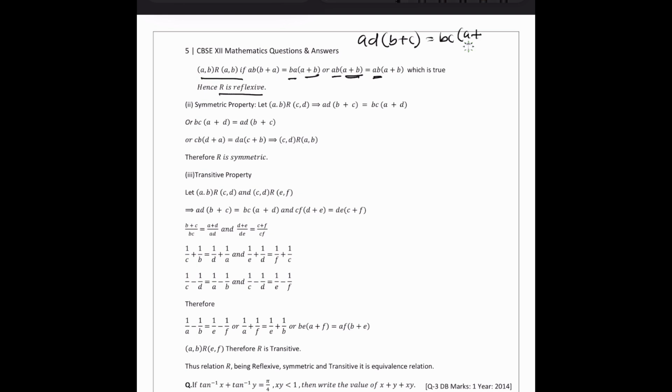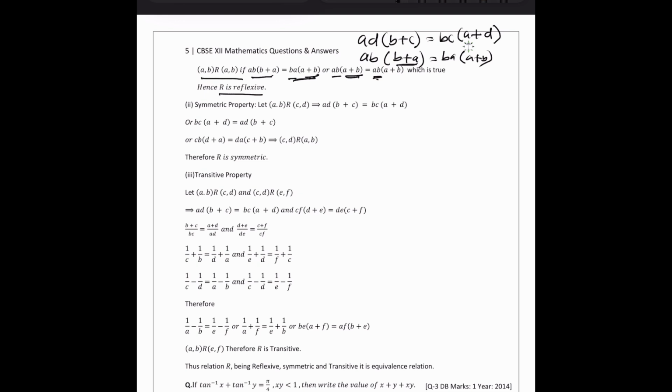Now instead of C and D, let us use A and B. So this equation we can write as AB(B plus A), where D is replaced by B and C is replaced by A. So this becomes BA(A plus B), or AB(A plus B) is nothing but AB(A plus B), correct?